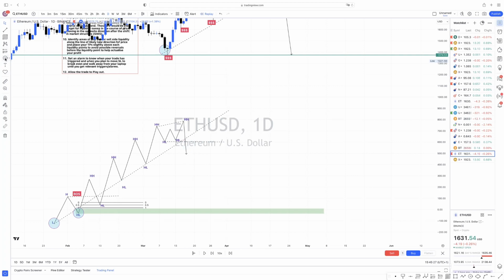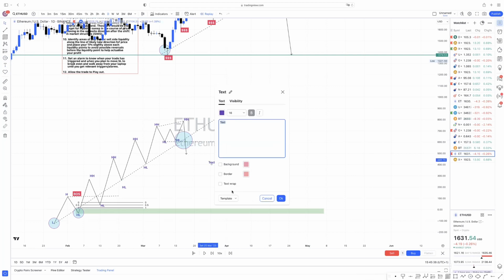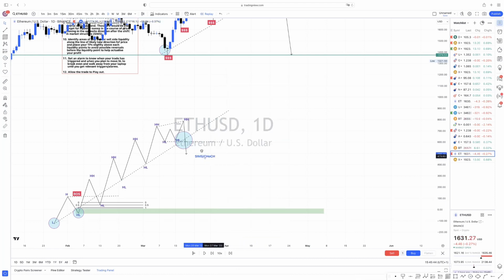Because I have seen confirmation at this particular point here that the market is about to change direction, and that is what we call the shift in market structure, or what some people call CHoCH, which is change of character. All right. So that has been identified.